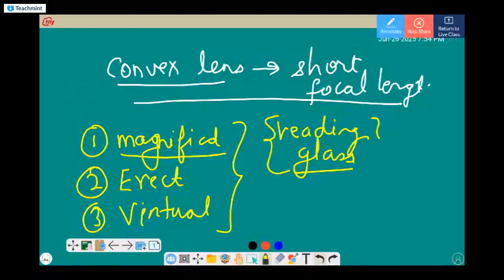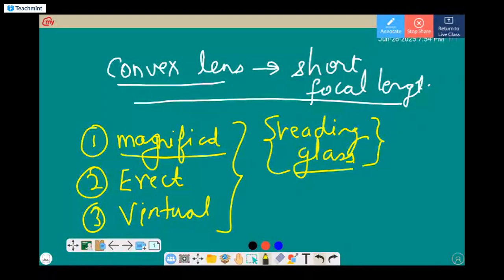You see older people, when they want to read any content, they need their spectacles. These spectacles are particularly made up of convex lens. So a convex lens which has a short focal length, that's a condition, gives a magnified view of an erect and virtual image, also called the reading glass, which is nothing but a magnifying glass.